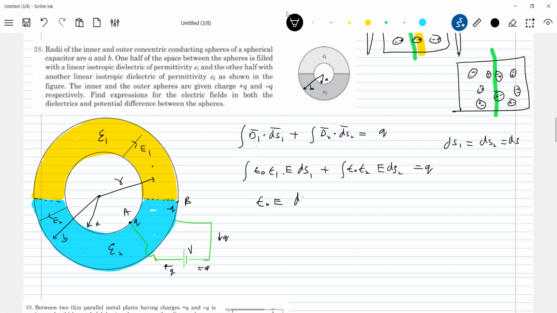equal to integral of epsilon 1 plus epsilon 2, no? Integral of ds by q. If you're getting confused, write k1 k2. Don't make it again E1 E2.